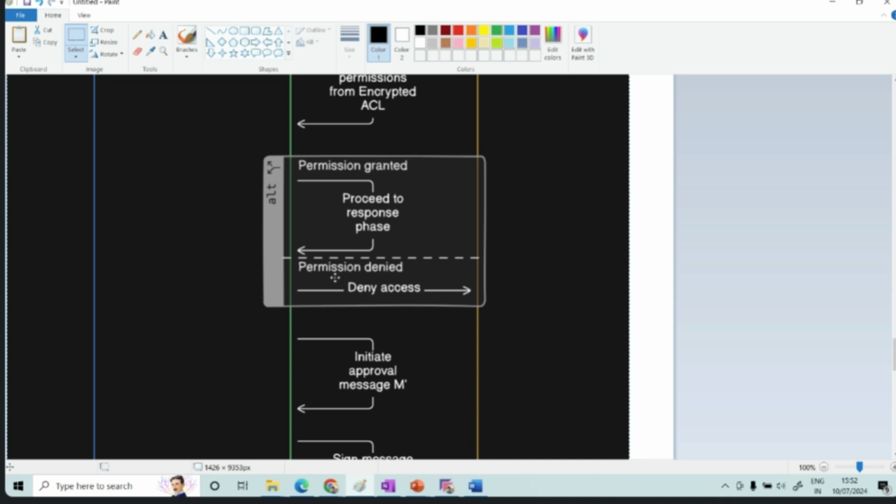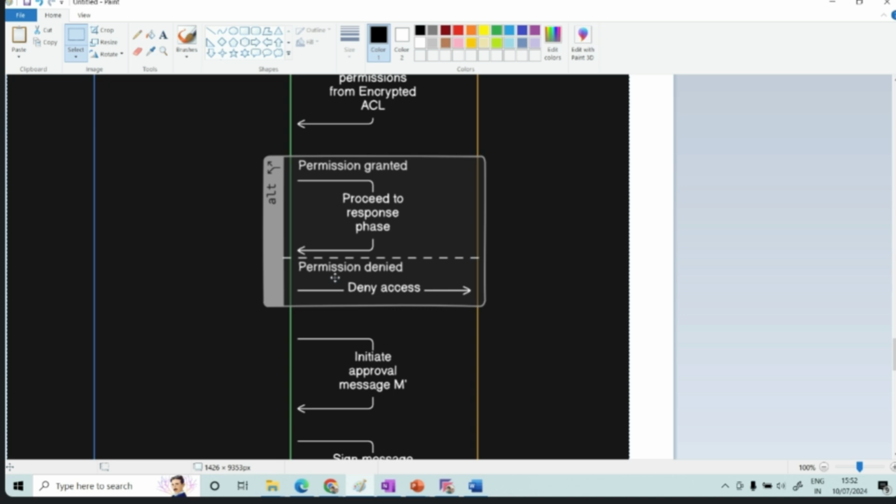The controller maintains an access control list, in which he mentions what kind of activity should be allowed, what kind of request should be fulfilled for the farmer, and what kind of permission the farmer is allowed. So if there is a match, then permission will be granted and a response will be given from the controller to the farmer.